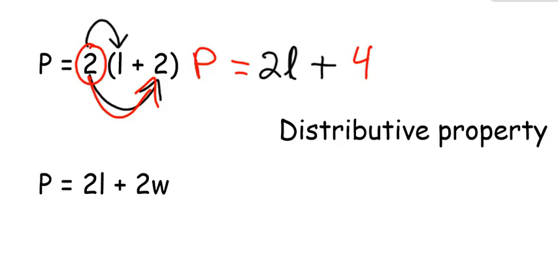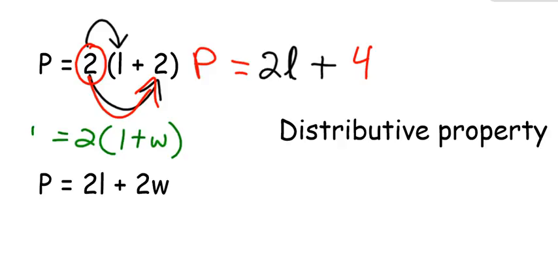It's very similar to what we did earlier in our previous example when we had 2L plus 2W. That was our perimeter formula.